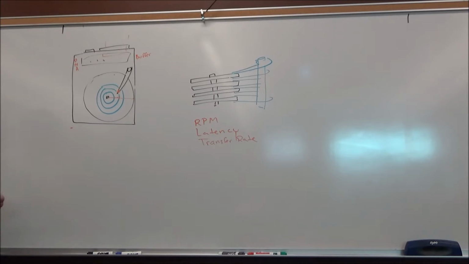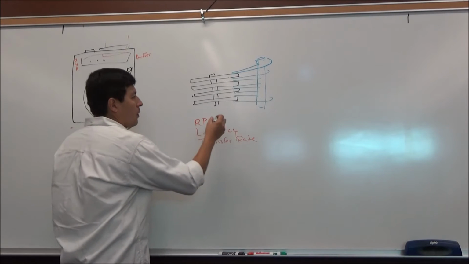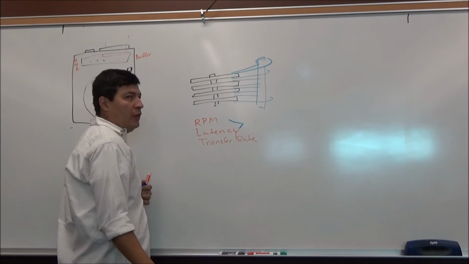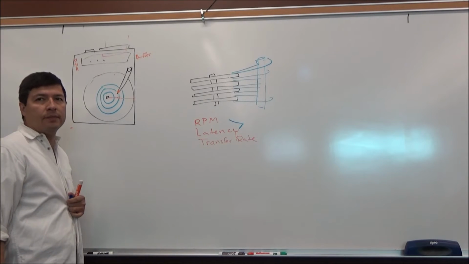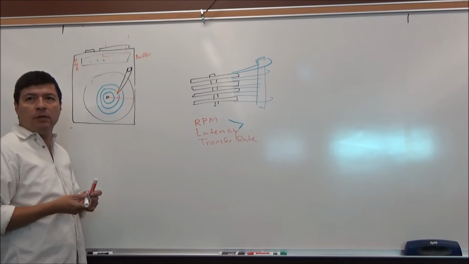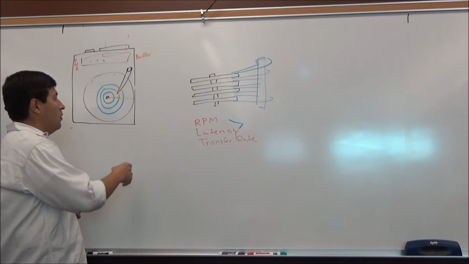These two are really reduced almost to zero if you have an SSD drive, because there's no moving parts. That's the advantage of a solid state drive, because nothing's moving.